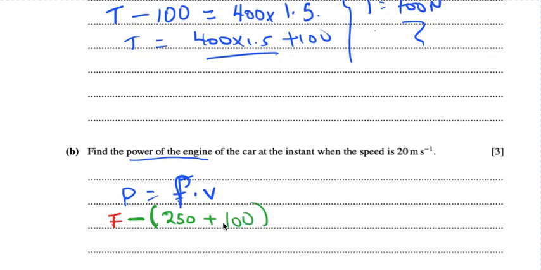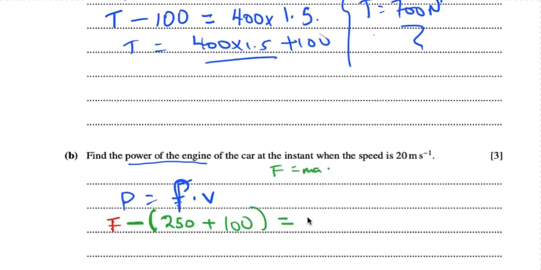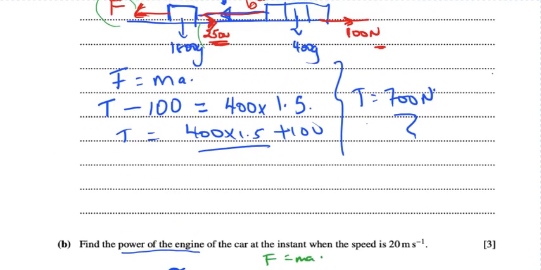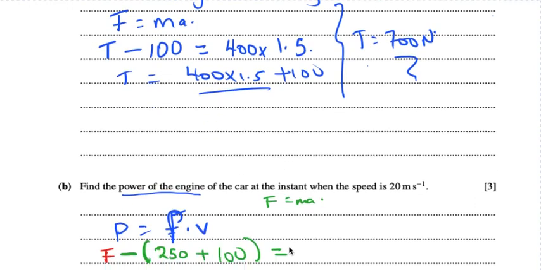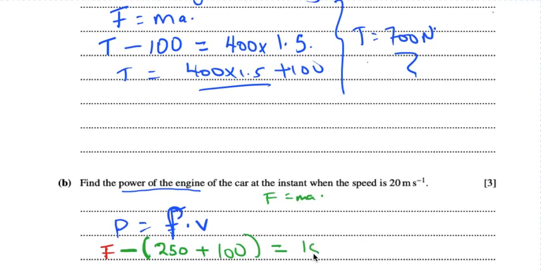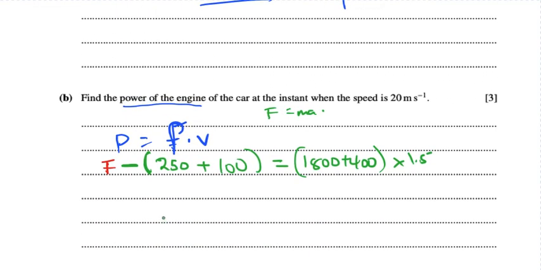Now this will give us the resultant is equal to MA, since F is equal to MA, don't forget that. So the mass of the combination of the car and the trailer will give us 1800 plus 400. This is the mass, and the acceleration is 1.5. Okay, I hope you are following, and I hope you are understanding.